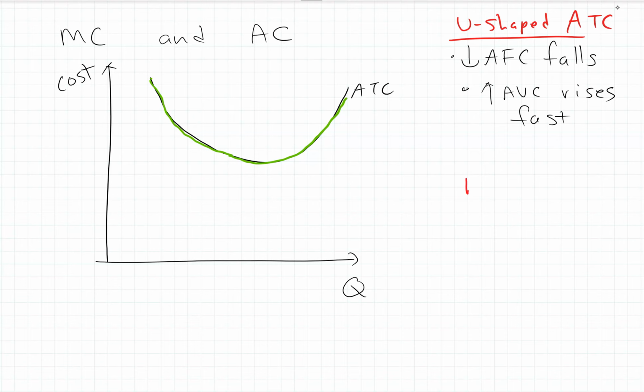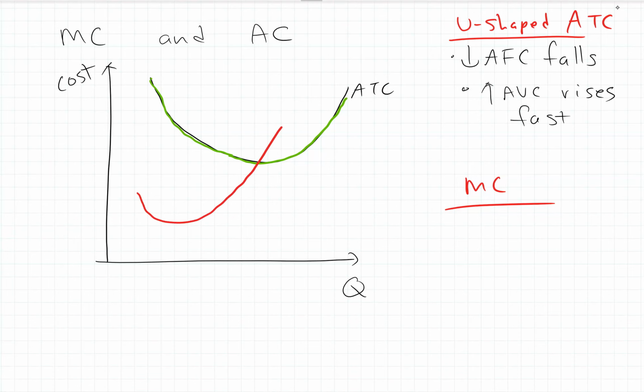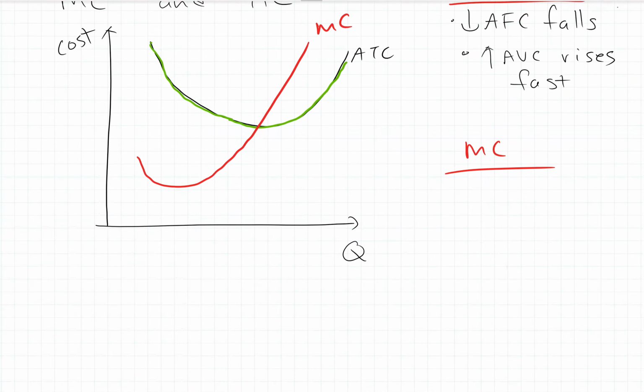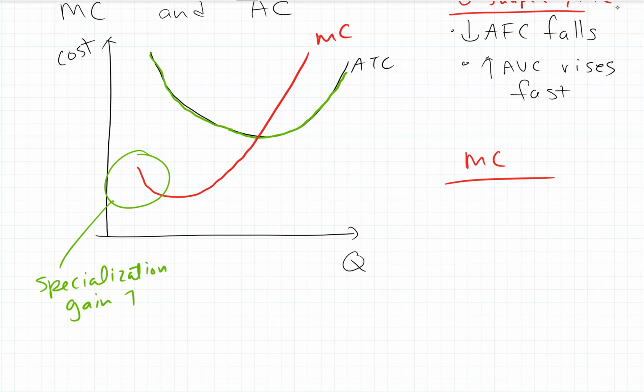Okay, and so marginal cost usually has a similar shape, but it's usually going to be something like this, and then going up quickly. And so this part here is from the specialization gain, an increase in marginal product of labor. At first, this didn't happen in the numerical example I showed you, but it happened in the earlier one.